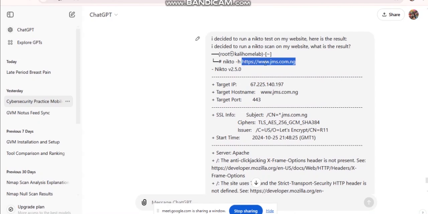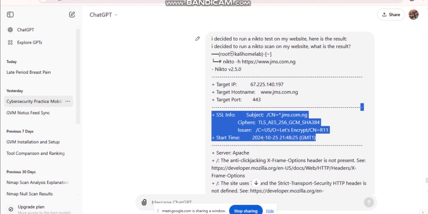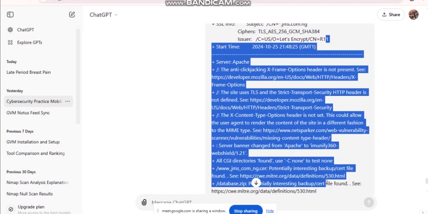So I had the http.gms.com.ng, and I went ahead to put the target IP address, the host name, then the port number. With the HTTPS, it already brought out the target port, which is 443, which was supposed to be a secured port. So now it started and finished with all these results.